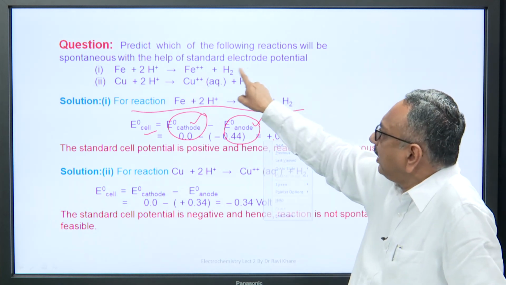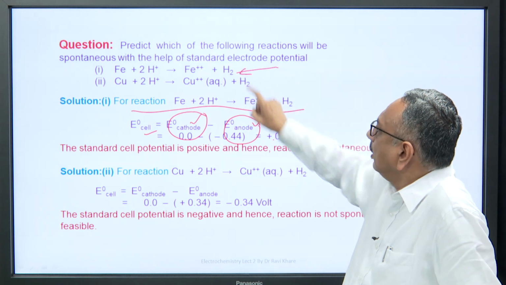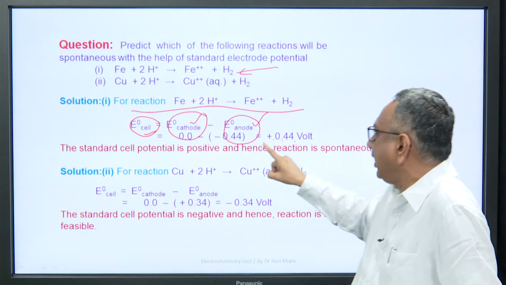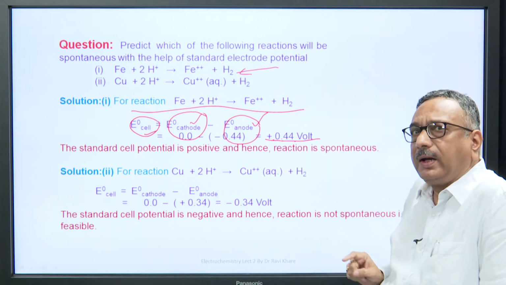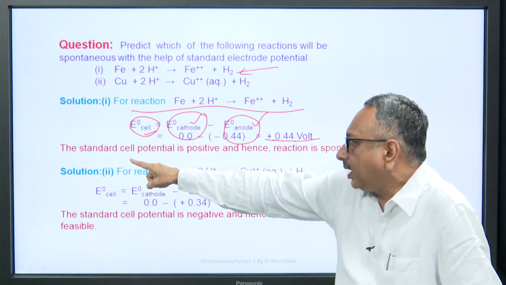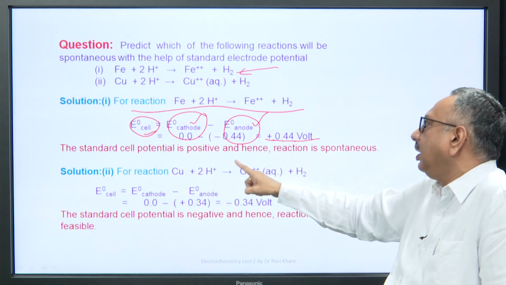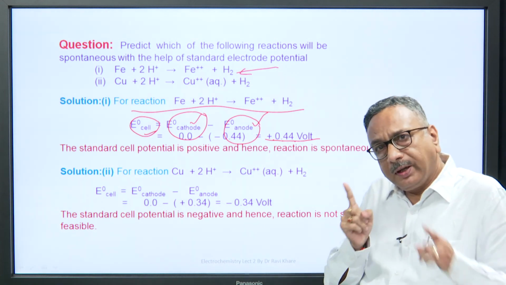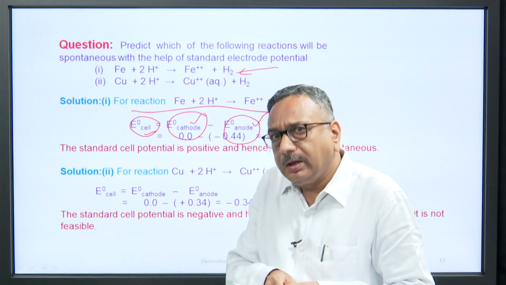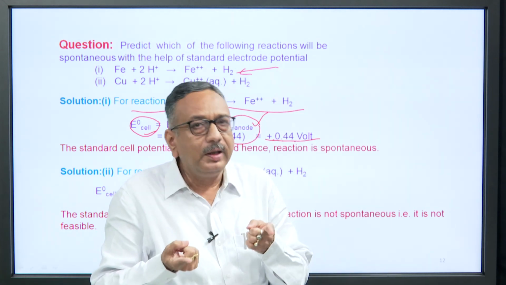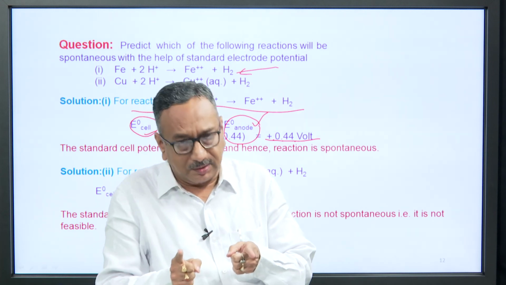So, for this reaction you are getting standard electrode potential of plus 0.44 volt. This is a positive value. The standard cell potential is positive and hence the reaction is spontaneous. Reaction is spontaneous means reaction is feasible. Reaction is feasible means reaction will take place.